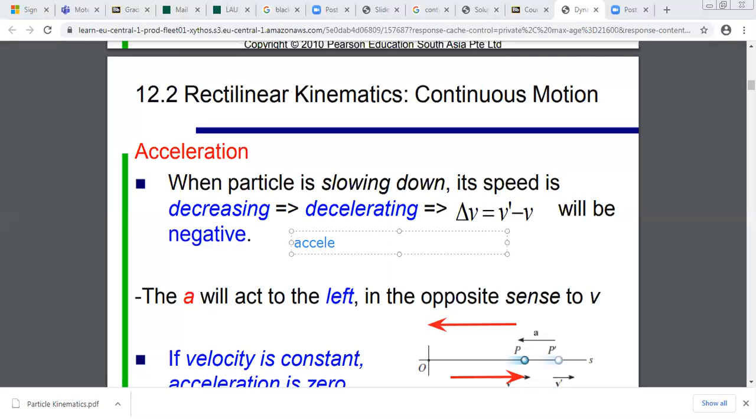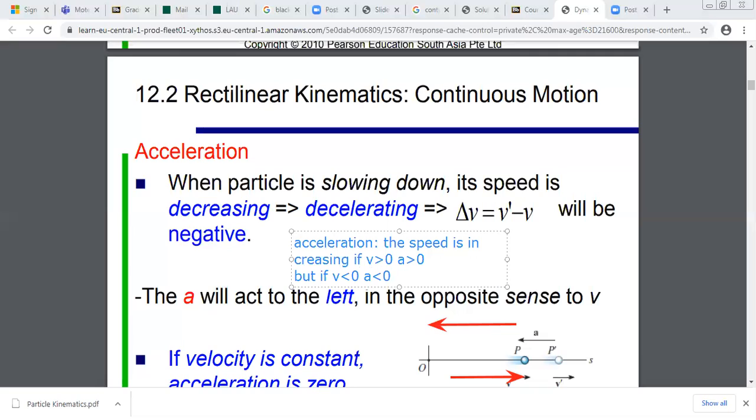So please pay attention when we say acceleration. This does not mean that a is always positive. Acceleration means the speed is increasing. If v is positive and I increase my speed in the positive direction, a will be positive. But if v is negative and it's becoming more negative, a will be negative.